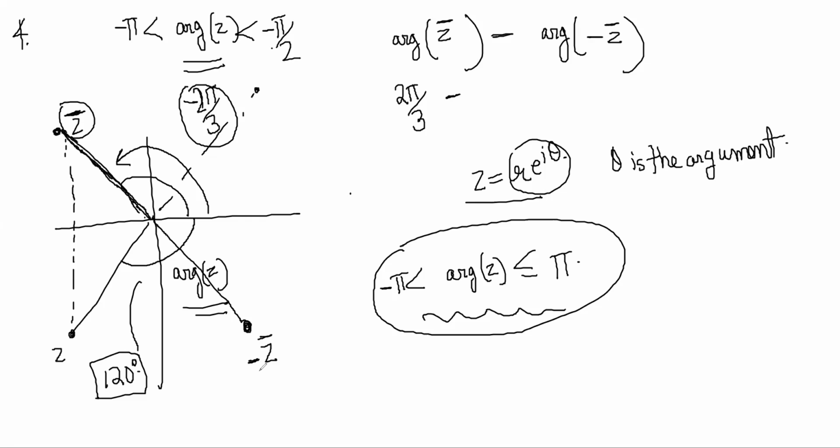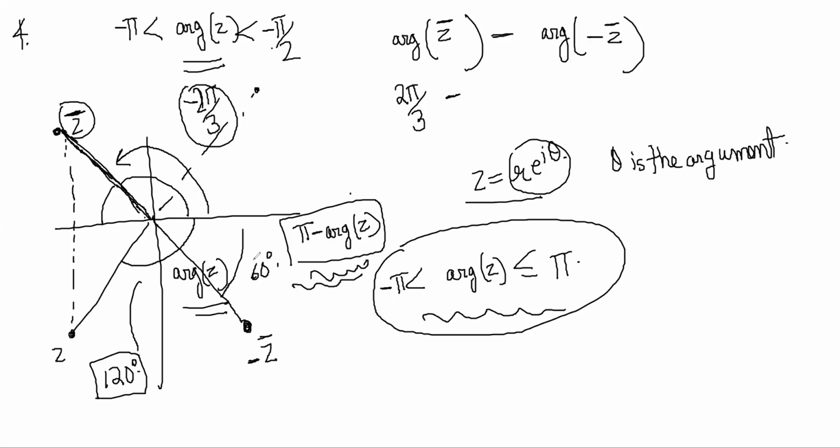This angle is 60, because this is 60, this is 60, right? So 60 comes by doing pi minus argument of z, because argument of z was 2 pi by 3 for us.